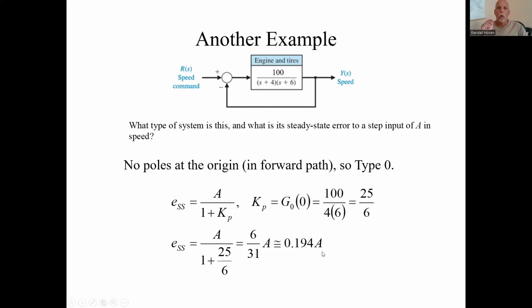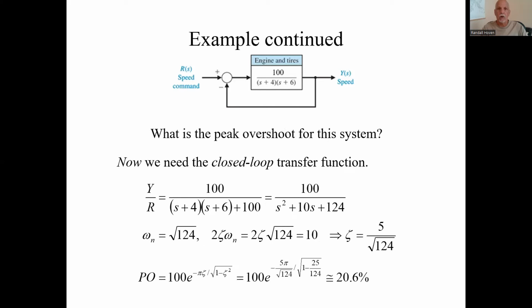Now, what if in addition they asked for the peak overshoot in the system? This was part B of the problem. To do that, you do need the entire closed loop transfer function, and we've done this kind of thing many videos ago.